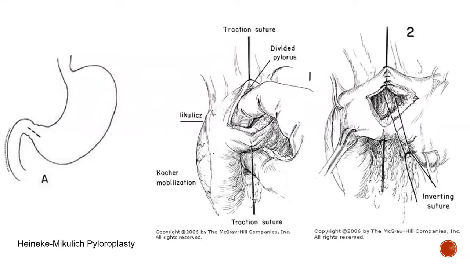The radical operation is the pyloroplasty after the cutting of the ulcer area. You can provide the pyloroplasty to make the wide lumen of the stomach or the stomach outlet.